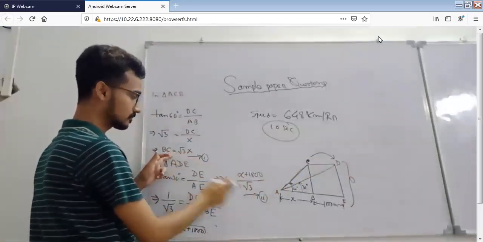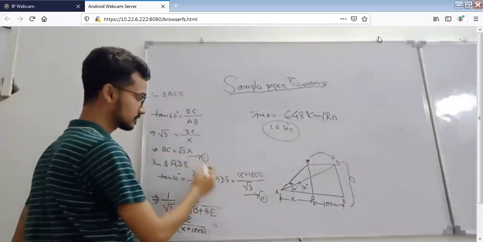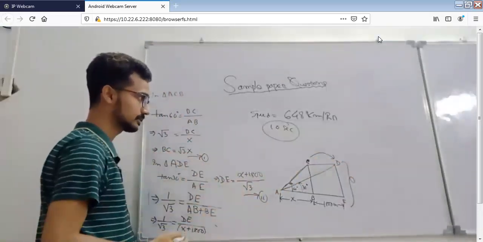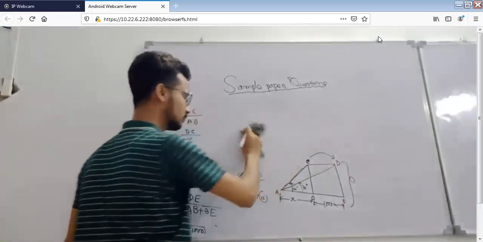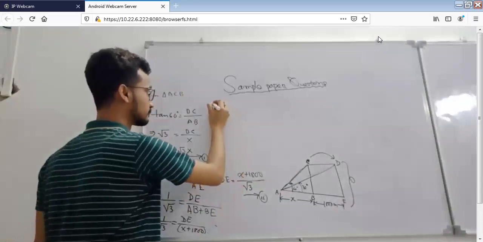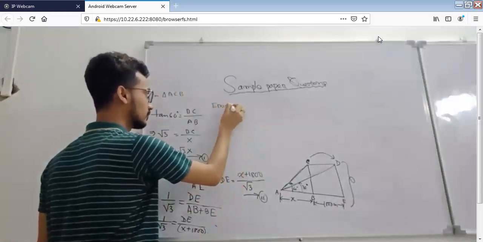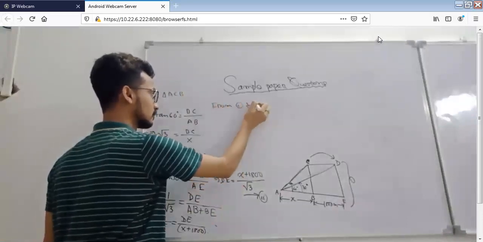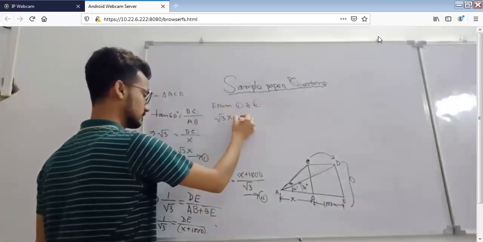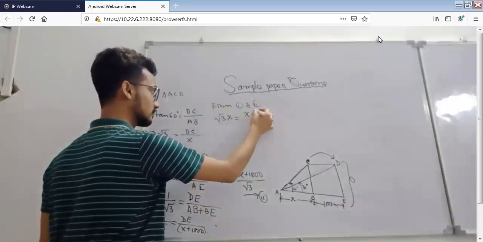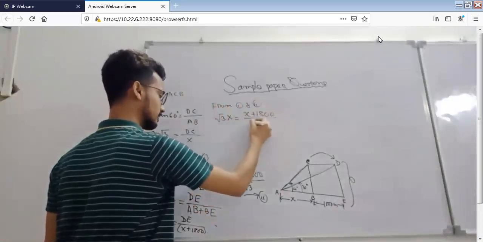That means from 1 and 2, we can conclude that root 3x equal to x plus 1800 by root 3. Yes or no? So write down from 1 and 2, your root 3x equal to x plus 1800 by root 3.